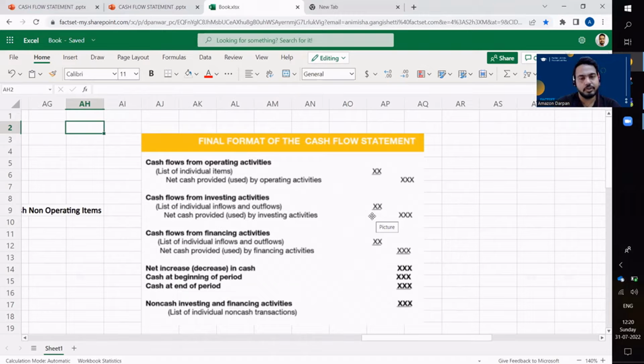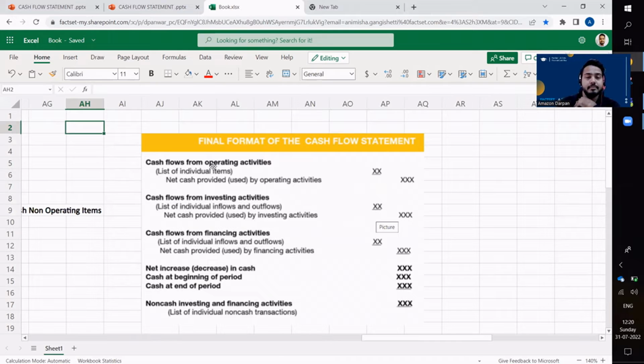So we'll move on with the question. To understand how to solve it, it's better that we divide the question into bits and pieces. Now you would say, what bits and pieces? We'll try to segregate activities and the format. If we look on the screen, this is the format of the cash flow statement which we follow.